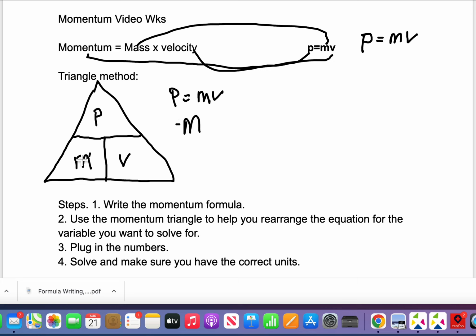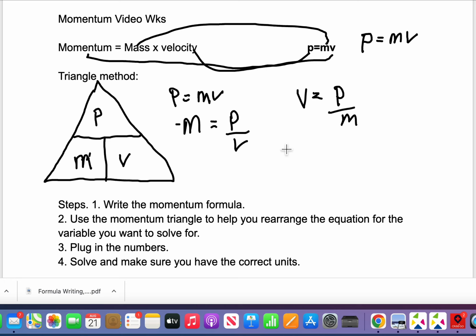Well, it's equal to P, but see how there's a divide, so it's P divided by V. So mass is equal to P over V. Basically, you cover up the one that you're looking for. Let's say we're looking for V. V is equal to P divided by M. You just cover up the one that you're looking for, and that's how you can figure out what the equation is.